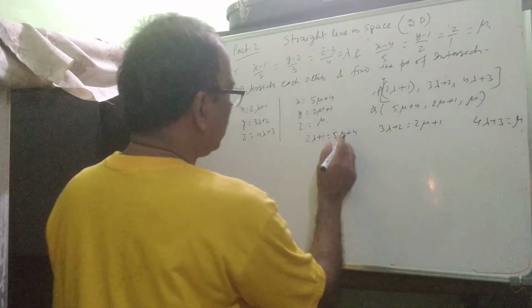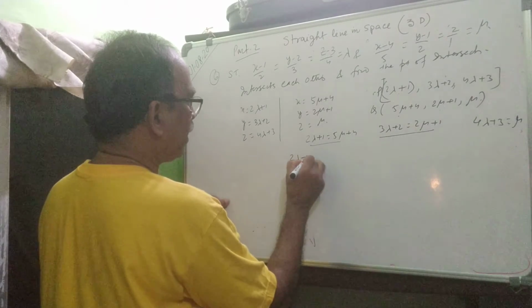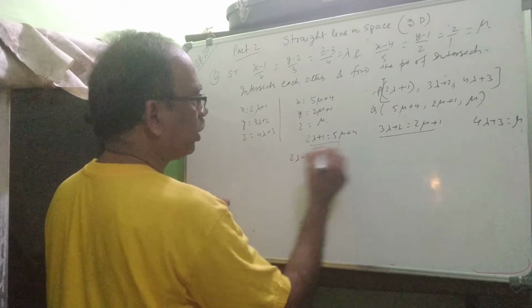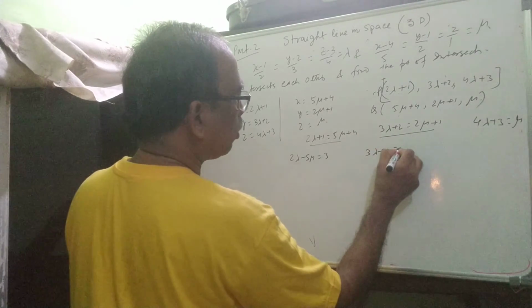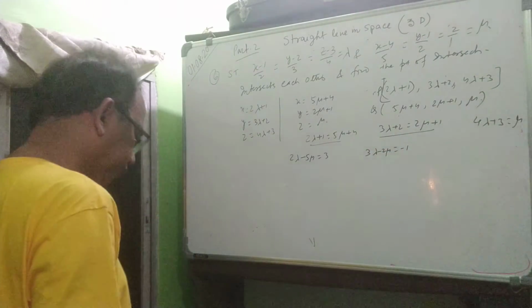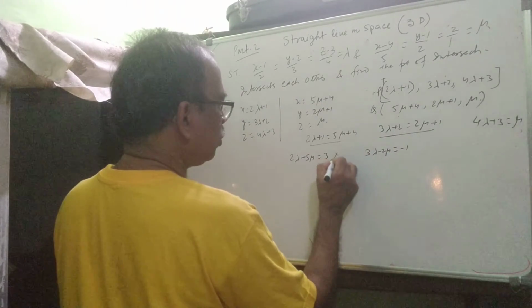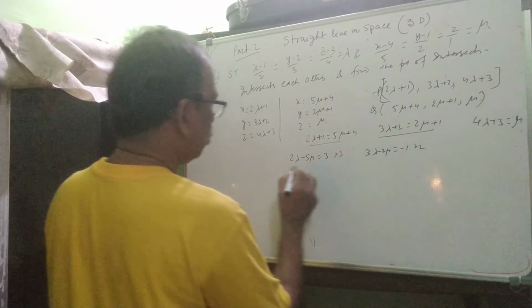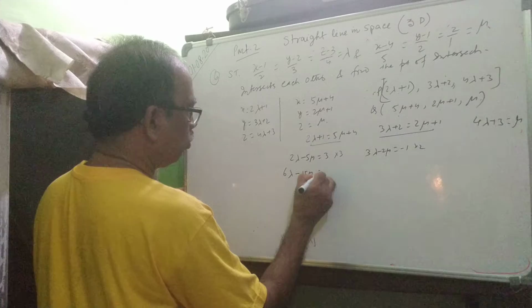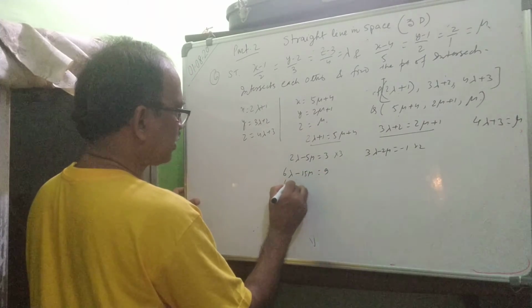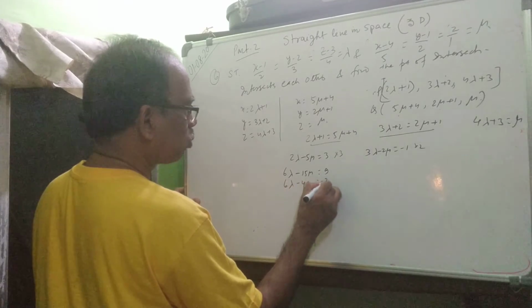First, solve the first two: 2 lambda minus 5 mu equals 3, and 3 lambda minus 2 mu equals minus 1. Now these two simultaneous equations you can solve: this into 3, this into 2, that is 6 lambda minus 15 mu equals 9, and 6 lambda minus 4 mu equals minus 2.